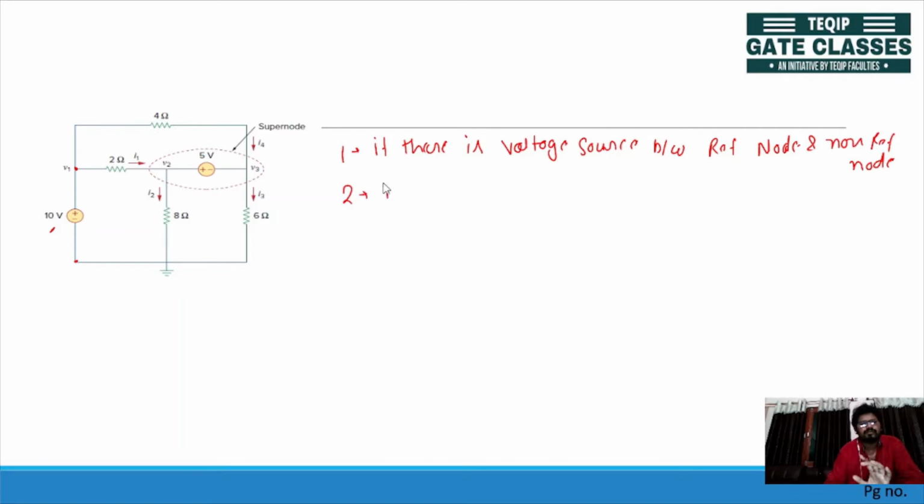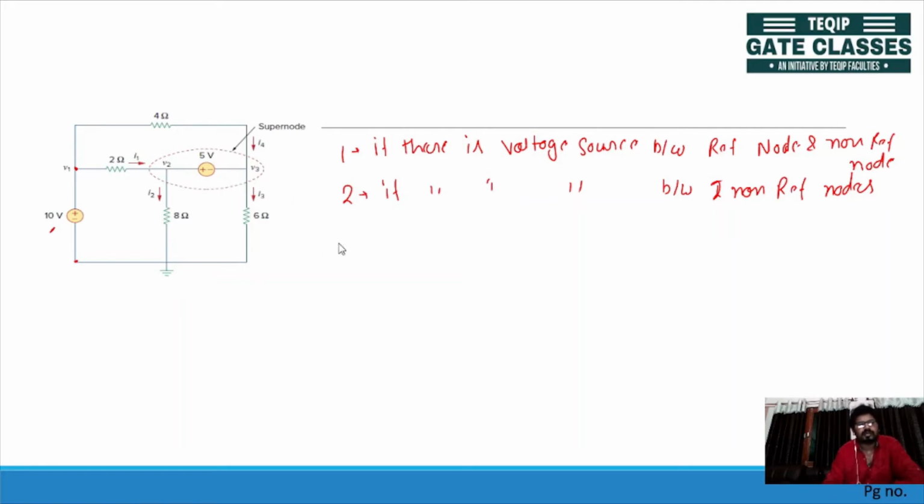So if there is a voltage source between two non-reference nodes, like this, here you have a 5 volt voltage source between two non-reference nodes. So what will you do if you have a voltage source between two non-reference nodes?